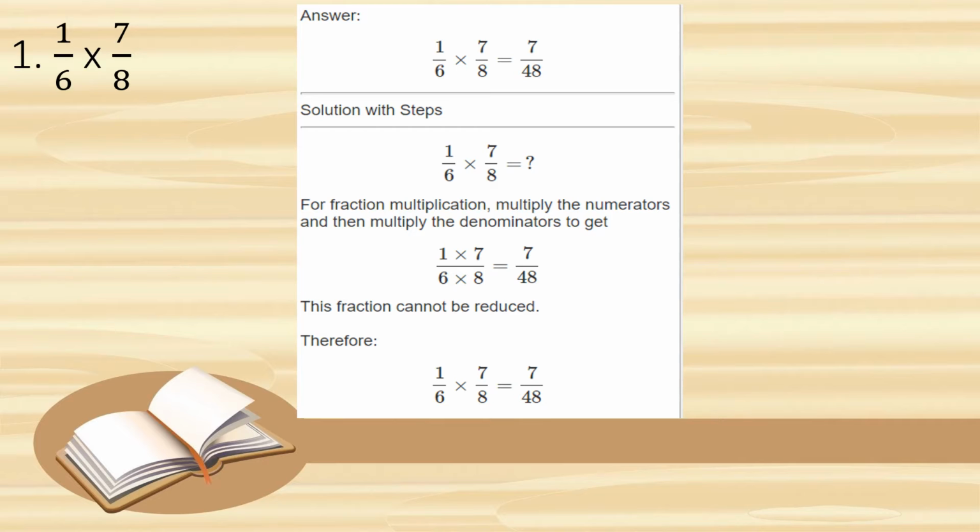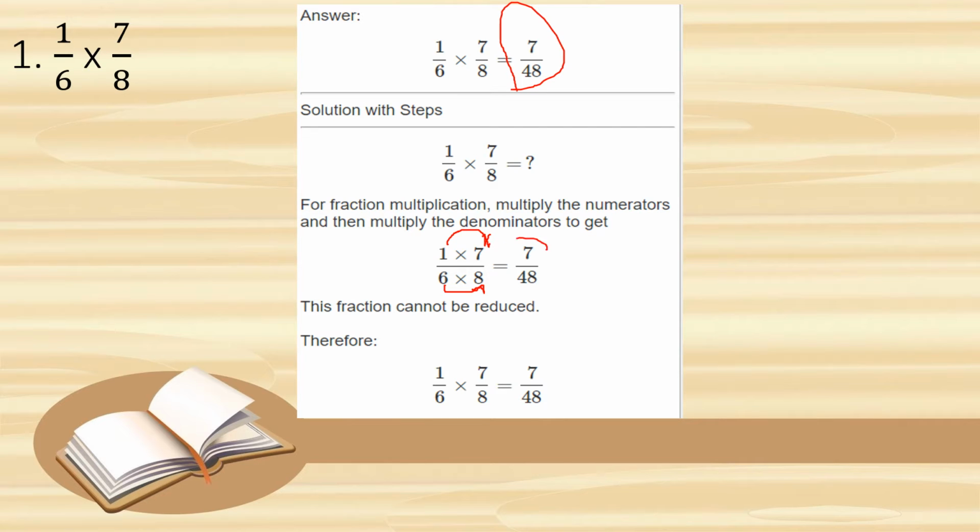So again, 1 over 6 times 7 over 8 is equal to 7 over 48. Okay, how did we solve this one? Just multiply both the numerator and the denominator. So 1 times 7 is equal to 7. 6 times 8 is equal to 48.